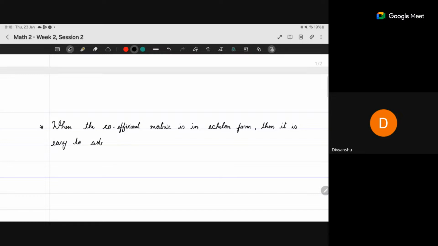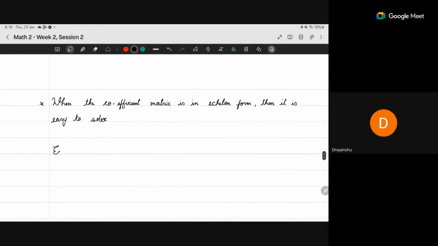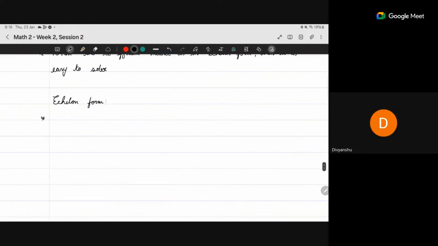Reduced I'll talk about later. Now, what is echelon form? I've not said what echelon form is. So this is the description of echelon form. The first non-zero entry in every row is 1.